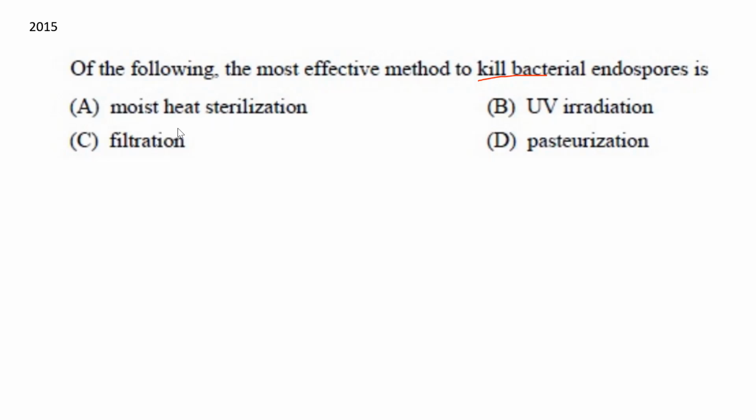So when we come back to the question, the options are moist heat sterilization, filtration, UV irradiation, and pasteurization. We talked about moist heat sterilization and filtration. In filtration, I mentioned that the smallest filter size is 0.2 micron. But the endospore is even smaller than that, around 0.1 micron.